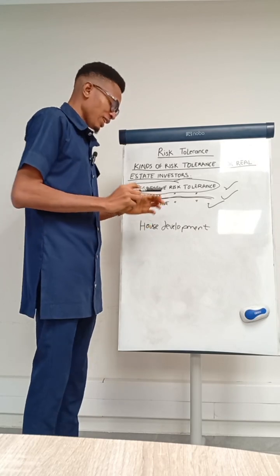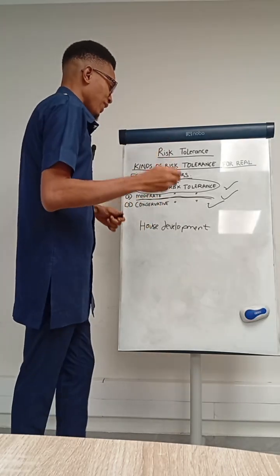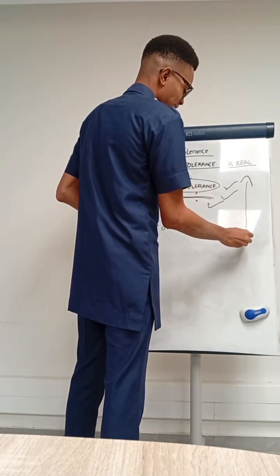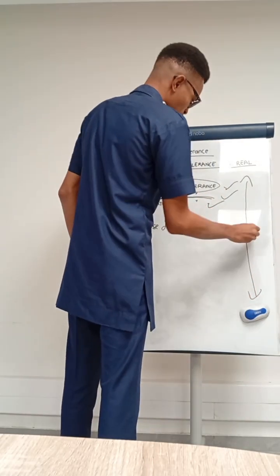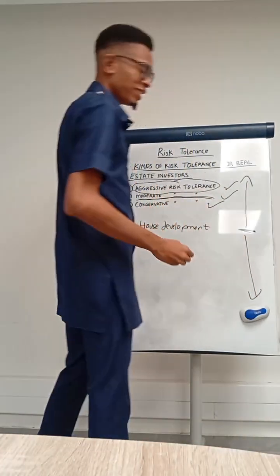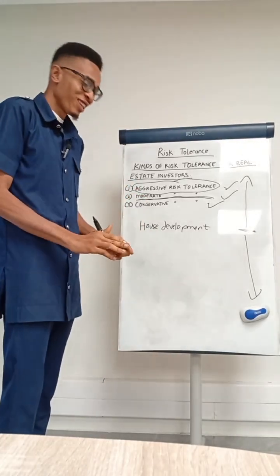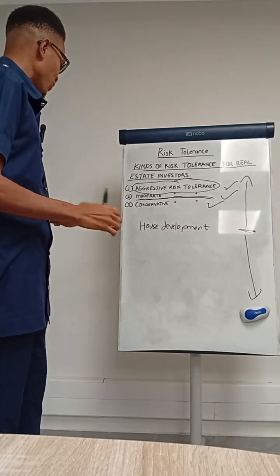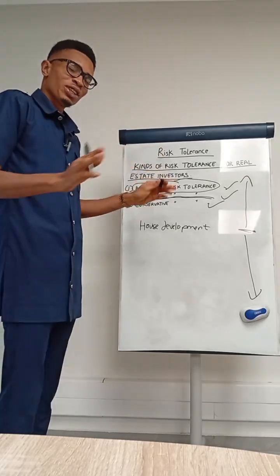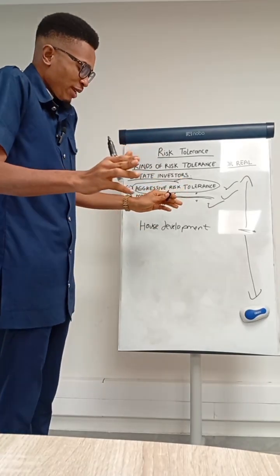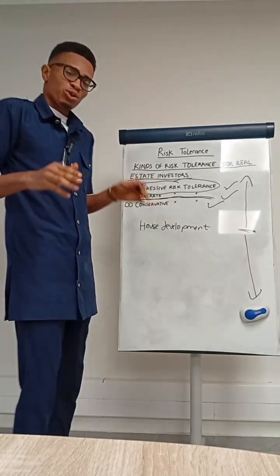These people are not so high, and they are not so low. They are just here. These are the moderate guys. They don't want too much risk. You understand? They don't want so much, not to risk too.